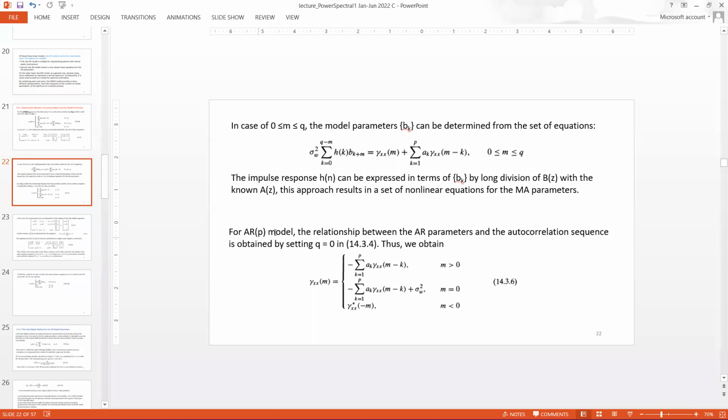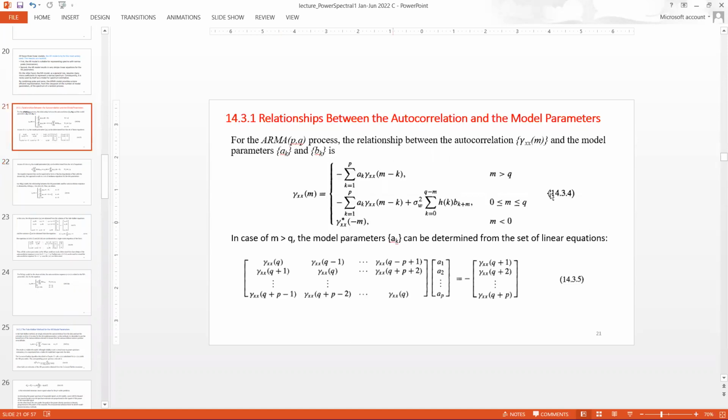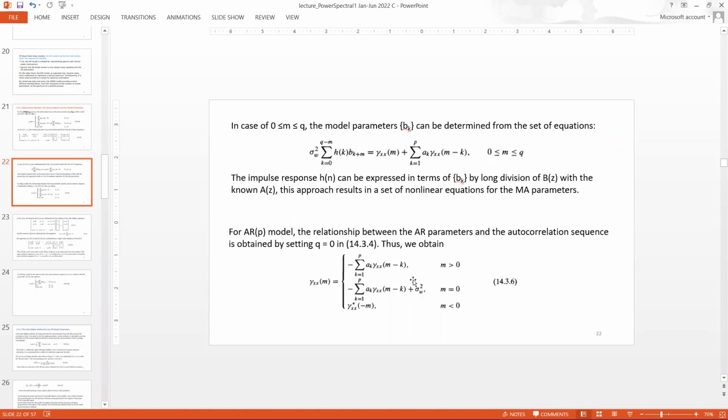Now for the AR model, we'll have q equal to 0. Which equation was number 4? This was 4. If we substitute q equal to 0 everywhere q appears, we'll get this equation.